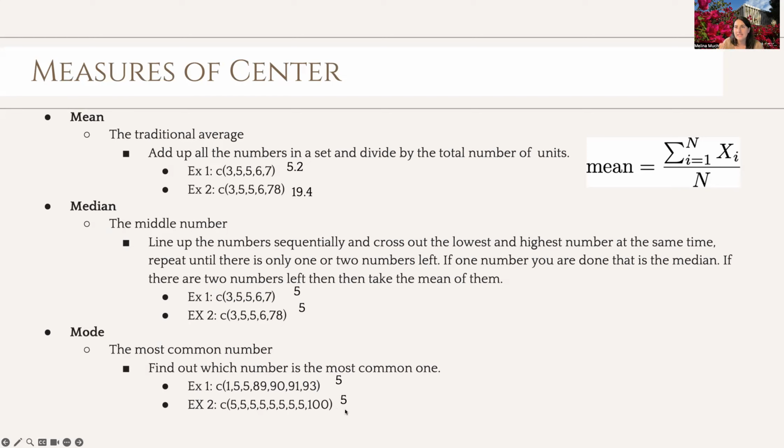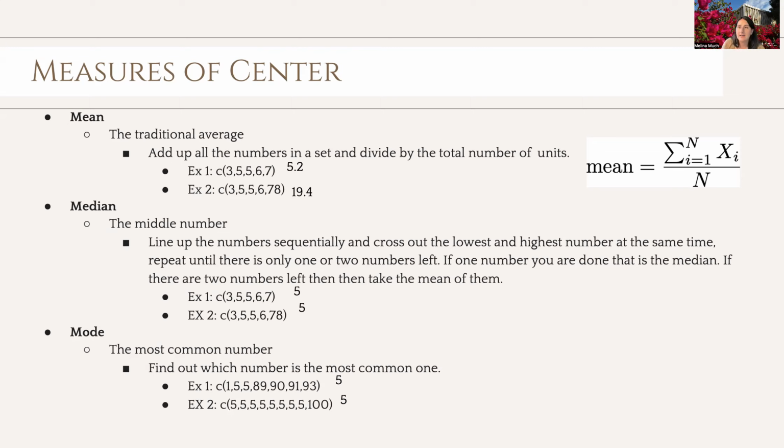So these are 3 different ways to calculate measures of centrality. The appropriateness of each of these depends on the level of measurement you have and the spread sometimes of the data and the presence of outliers. When I say spread of the data, I kind of mean outliers because the mean is going to be very susceptible to being changed by these extreme values. And sometimes we don't want that.